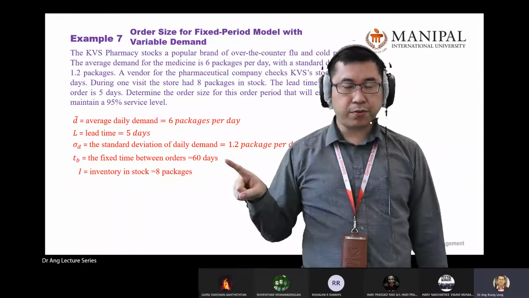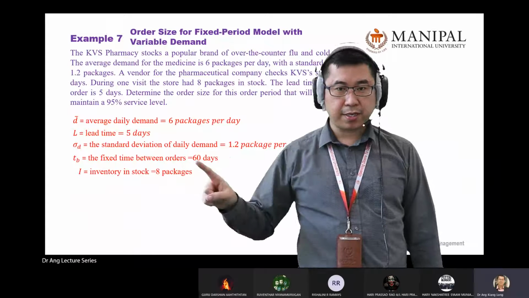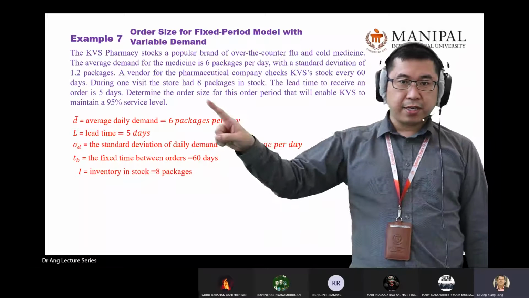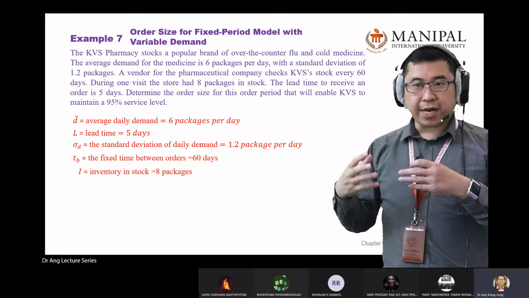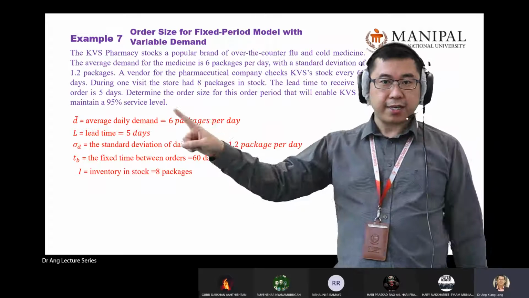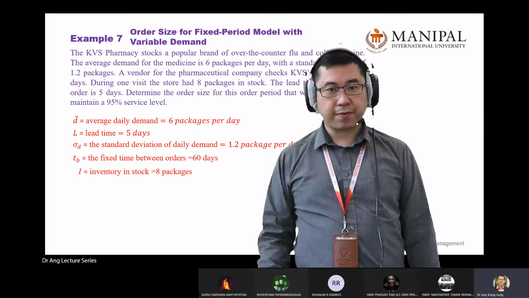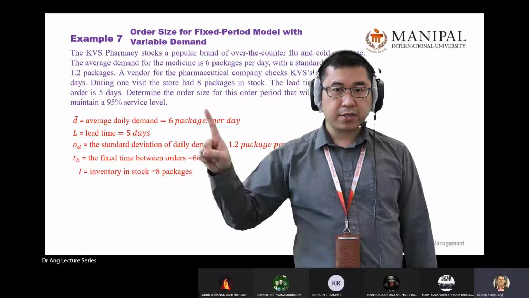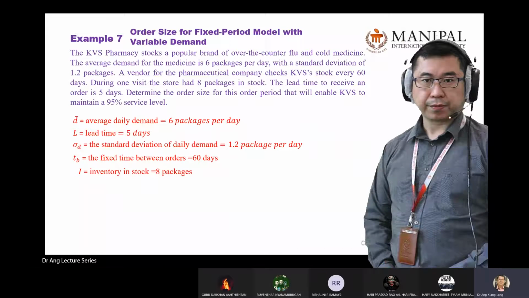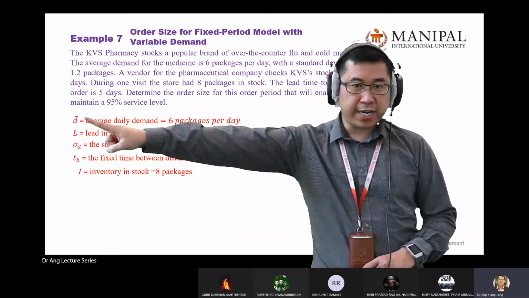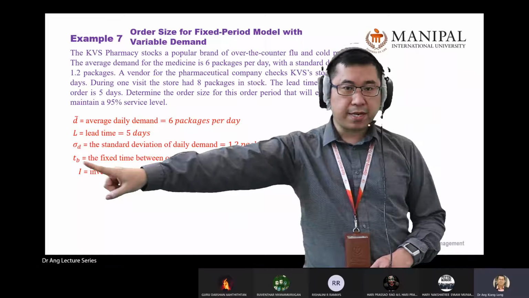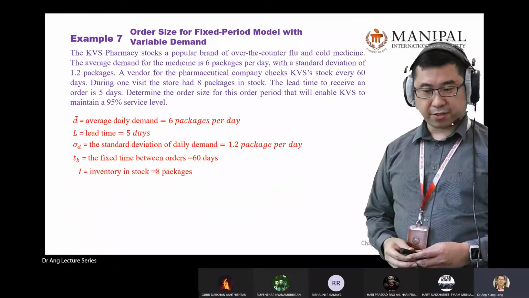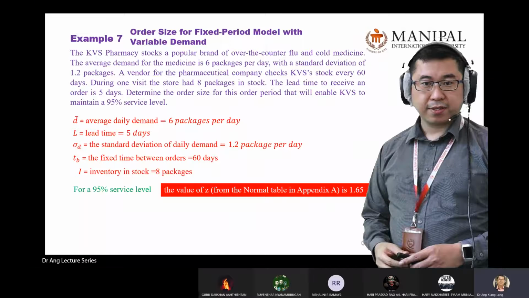So it falls under TB. This is something new for today. TB, 60 days. I is your inventory. So in your inventory, when the supplier goes into the stock, you check every 60 days, there are 8 packages in the stock. So this falls under inventory, 8 packages. Okay. So you have the D dash, L, sigma, T sub B, I by using the equation that we learned 5 minutes ago. Right?